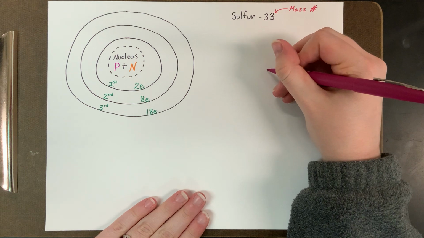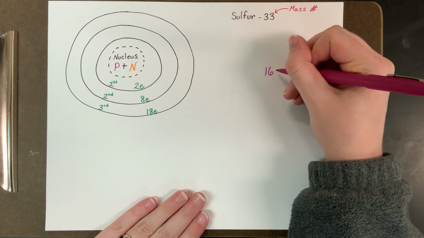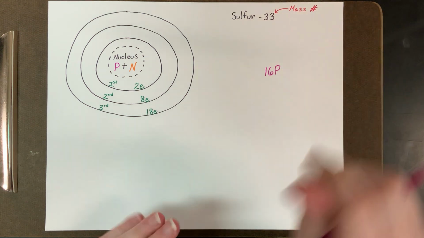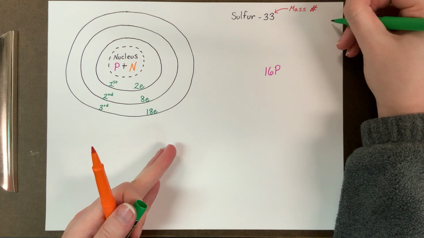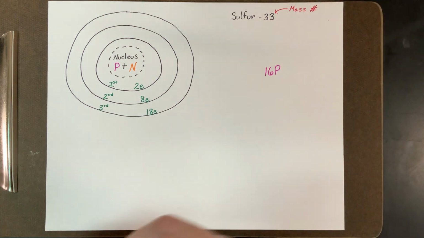which means I'm going to have 16 protons in my nucleus. I also have neutrons in my nucleus. So what I'm going to do is I'm going to take a different color so that we don't get confused.